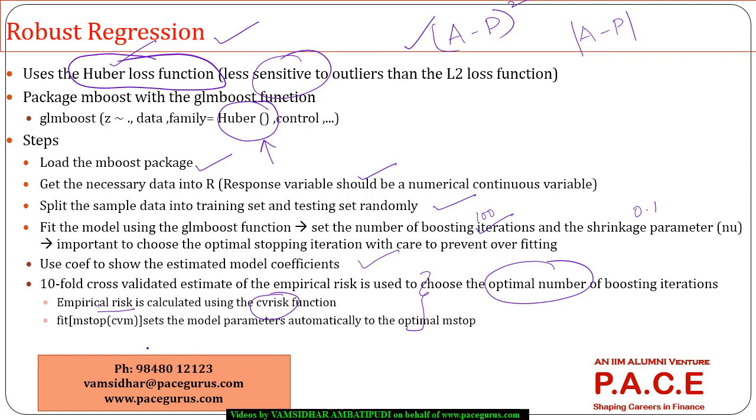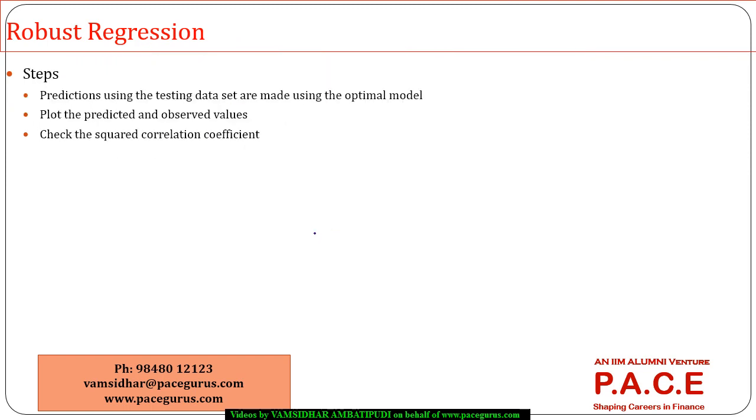That is the number of iterations where we are choosing the model, stopping the number of iterations and fitting the model. That model will be used for prediction on the testing data. The optimal model will be used for fitting on the testing data. Whatever model we have got with the least error, that is the model we are going to fit on the testing data.